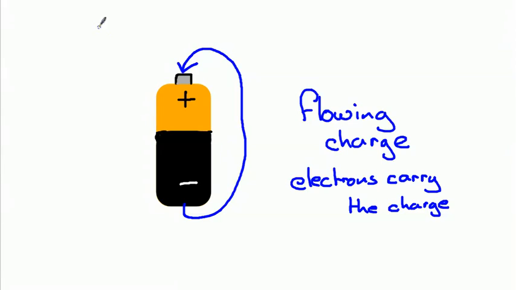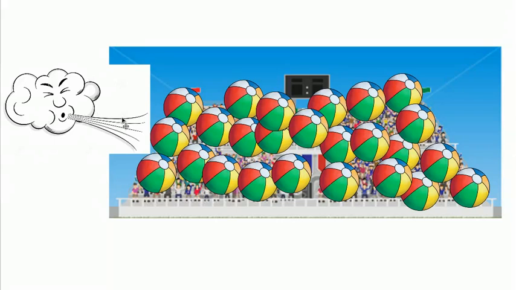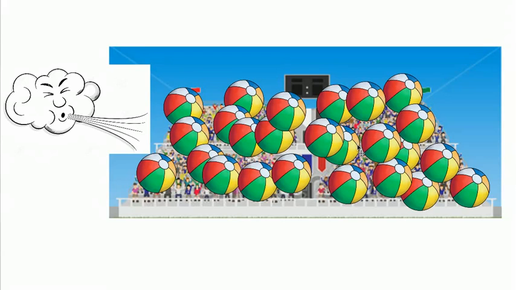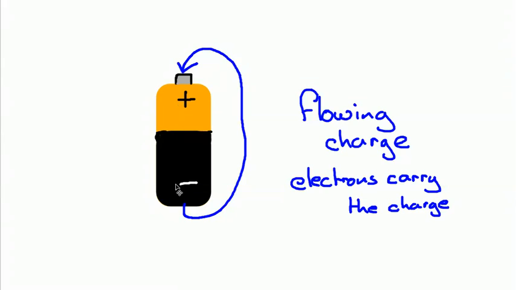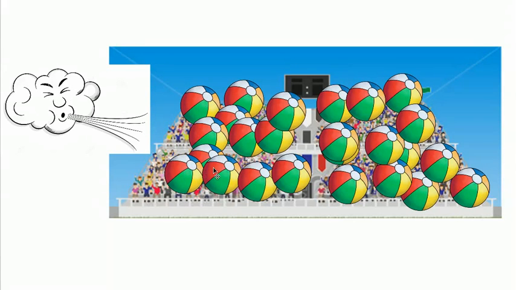Now, we can go back and have a look at our stadium and our beach balls scenario. What might actually happen here is we might have a gust of wind, and that gust of wind would blow each of these beach balls in this direction. In one direction only, because in our battery the electrons only flow in one direction. With our gust of wind, they also only move in one direction.